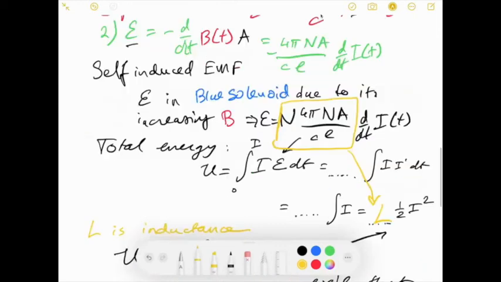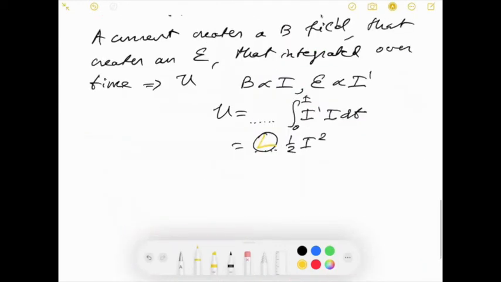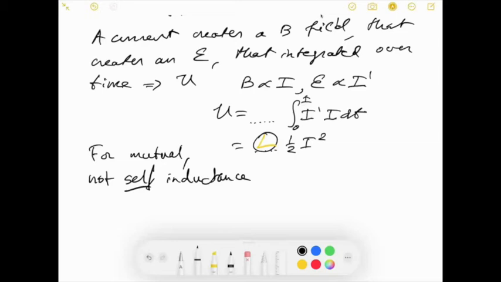So it doesn't actually look like this, but for mutual inductance, not self-inductance, you get a U that is 1/2 times big M, I1, I2.